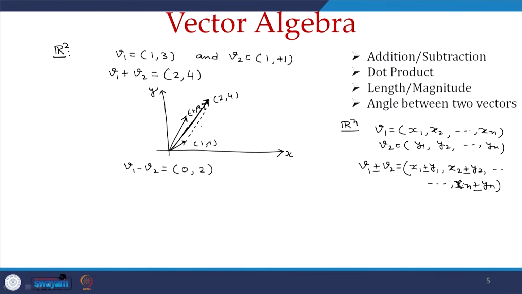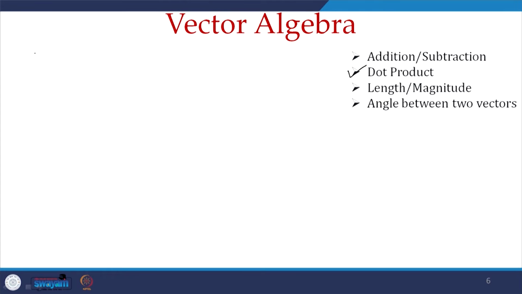Now, dot product of two vectors. So, let me take two vectors v1 equals to x1, x2, ..., xn and v2 is again y1, y2, ..., yn. So, both belong to Rn.